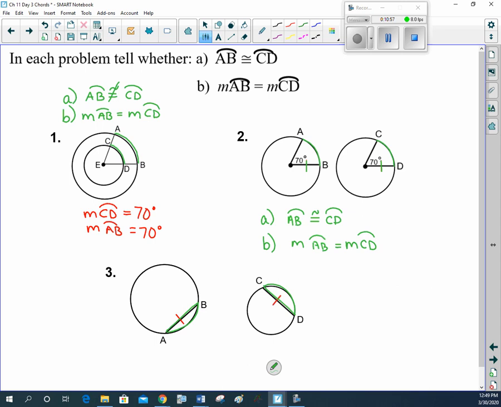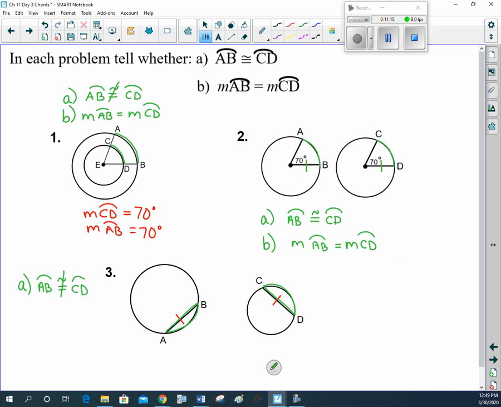So these are not in the same circle, and those do not look like congruent circles to me. So for part A, arc AB is not congruent to arc CD.